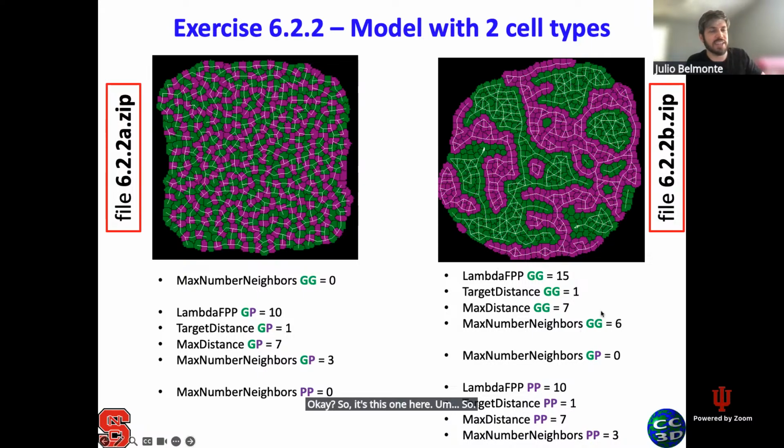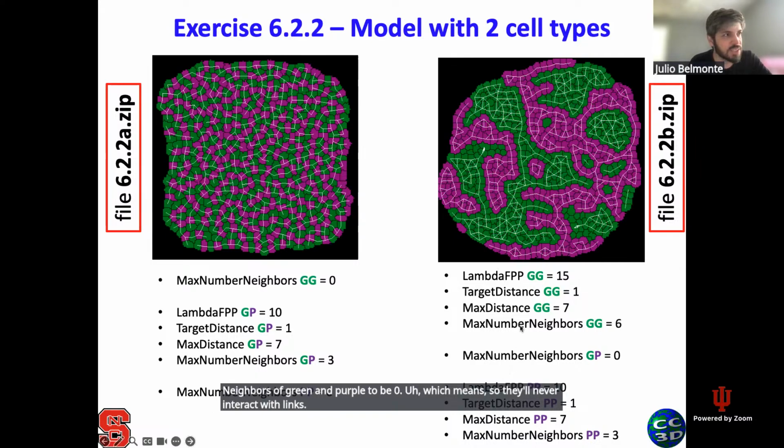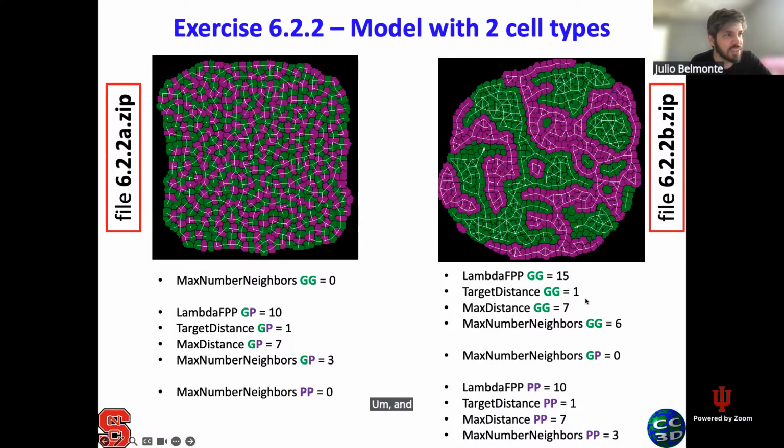What I did here was set the maximum number of neighbors of green and purple to be 0, which means they'll never interact with links. And I set the green and the purple to be slightly different from one another.